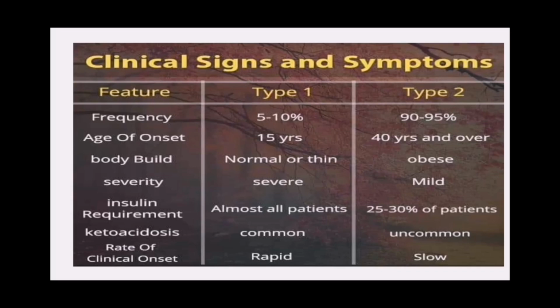Insulin is required by almost all patients in type 1, and in type 2, 25 to 30% of patients need insulin. Ketoacidosis is common in type 1 and uncommon in type 2. Rate of clinical onset is rapid in type 1 and slow in type 2.